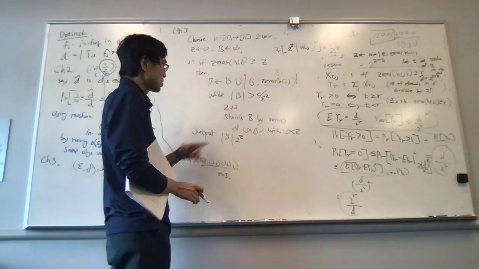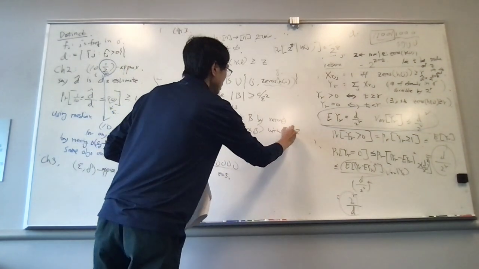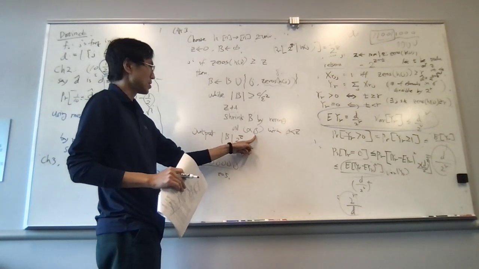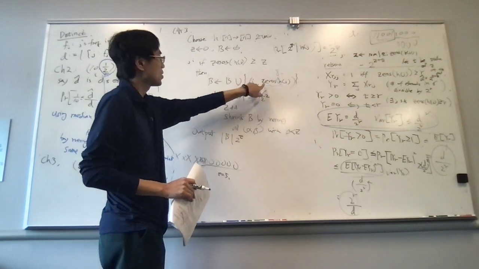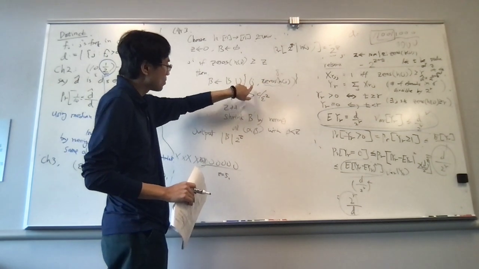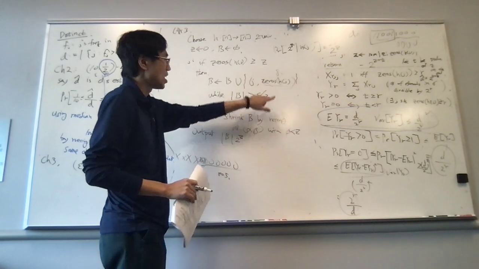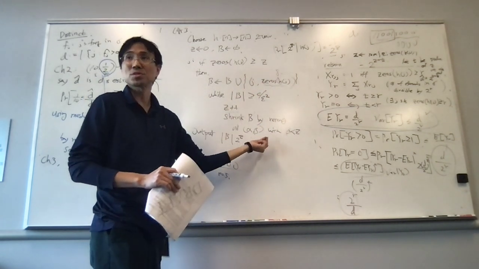So how do we do that? I'm going to ignore the elements whose hash values don't end with too many zeros.